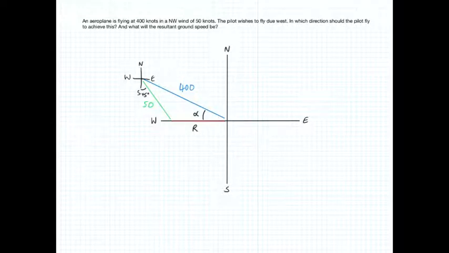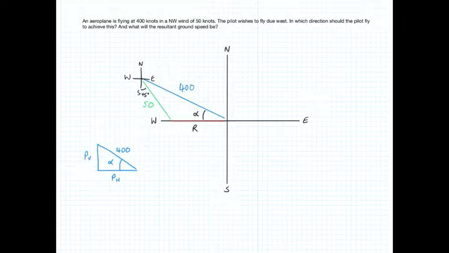Now the method that I'm going to use to solve this is by resolving each one of those vectors into horizontal and vertical components. So first of all, let's take the speed that the plane is currently going, so that's 400 knots. Let's draw ourselves a small right angle triangle over here. As I say, we don't know the angle, we'll call that alpha, but the length of the hypotenuse is 400. We'll call that one plane horizontal, so PH, and the plane vertical.